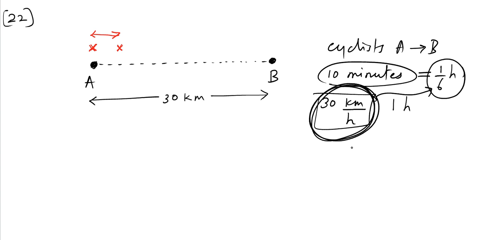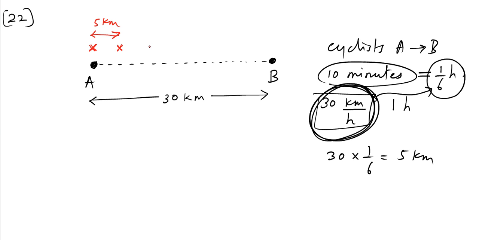So naturally, the cyclist who set out earlier has traveled a distance of 30 kilometers per hour into 1/6 of an hour, and that's going to be 5 kilometers. So I'll put this 5 kilometers in the picture. This distance is going to be 5 kilometers between two successive cyclists.